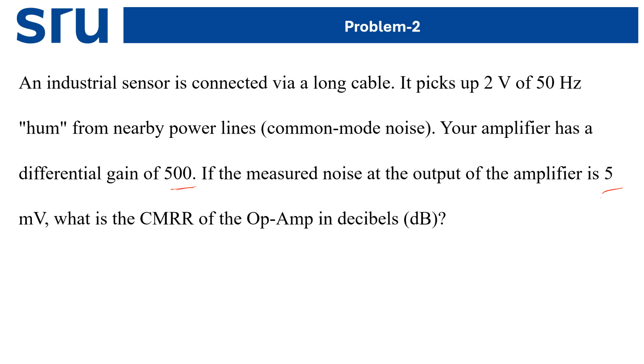So the given values are the output voltage and the differential gain. Now, as you know, CMRR stands for common mode rejection ratio.